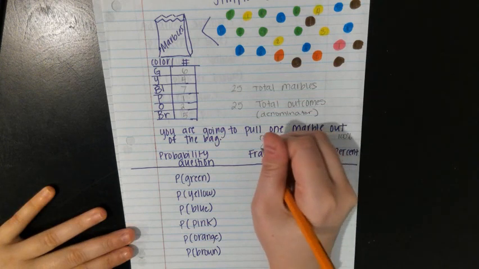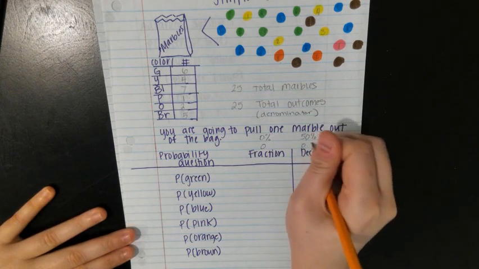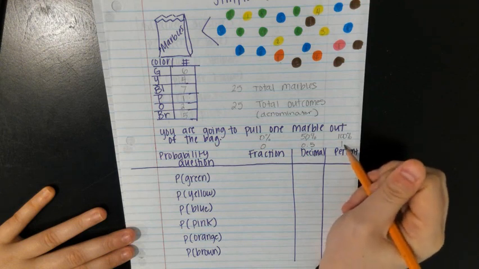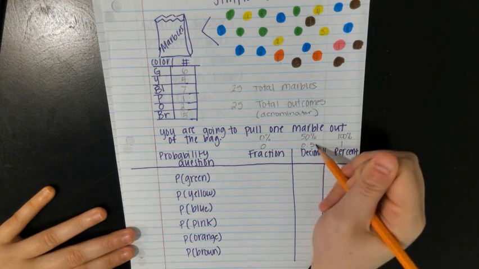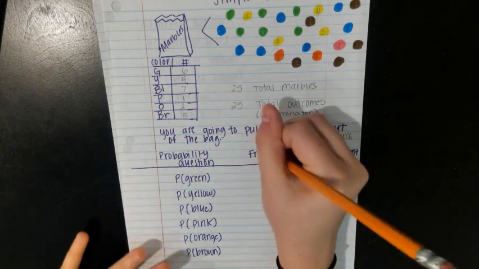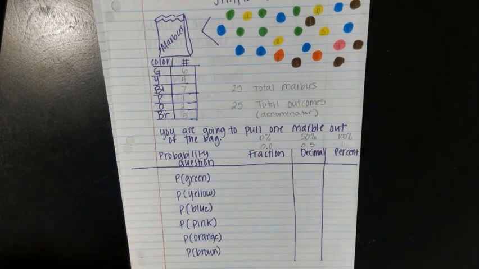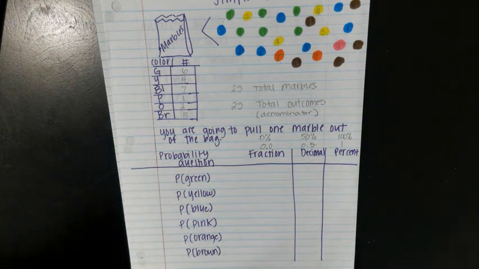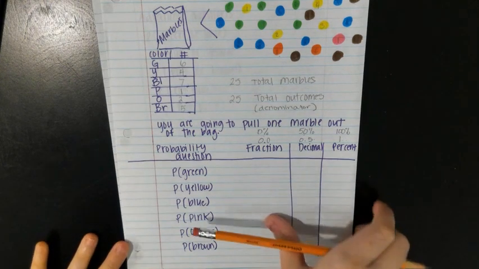So remember, it's a scale of 0 to 1 with 0.5 in the middle. Because 100% is equivalent to 1 whole, 50% is equivalent to 0.5, and 0% is equivalent to 0. So probability is a number between 0 and 1, so that's why it's written as a fraction, or decimal or percent, because it's a part of a whole.